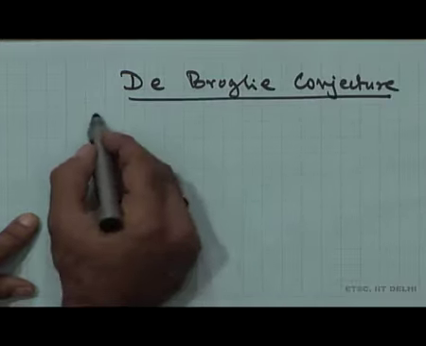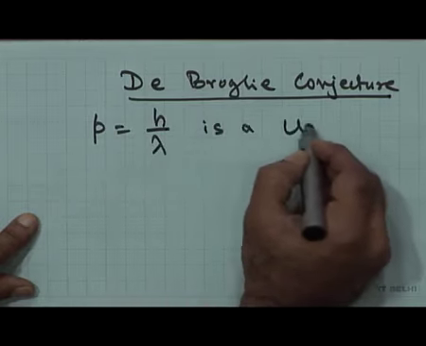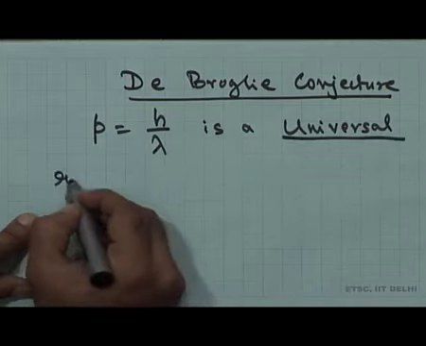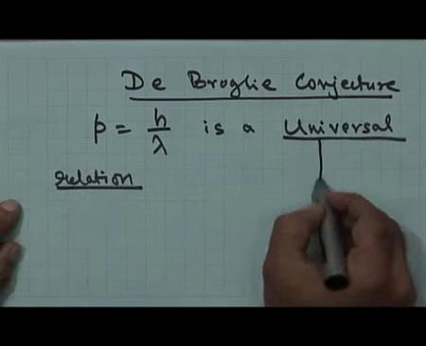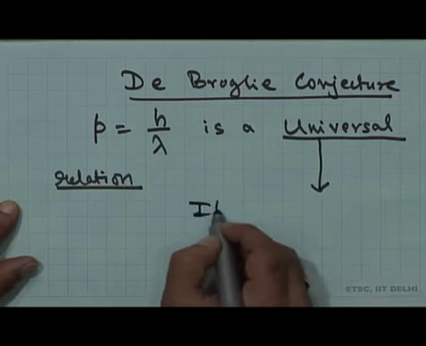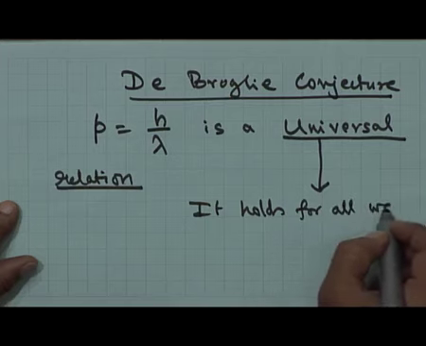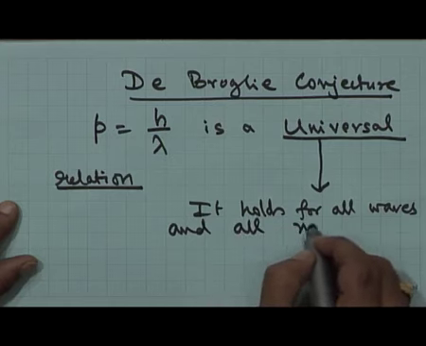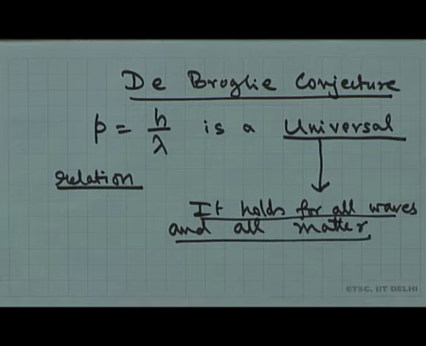De Broglie conjecture was that P equal to h by lambda is a universal relation. So what does universal mean? Universal means it holds for all waves and all matter. This is a fundamental relation.